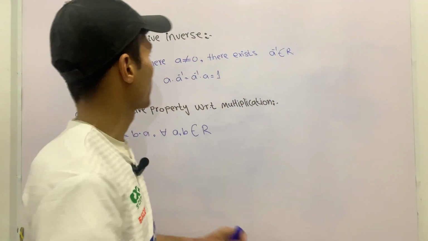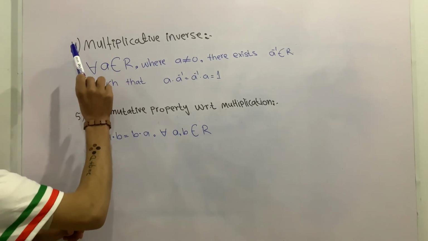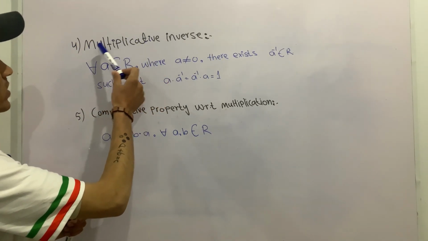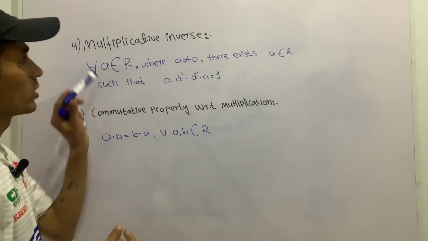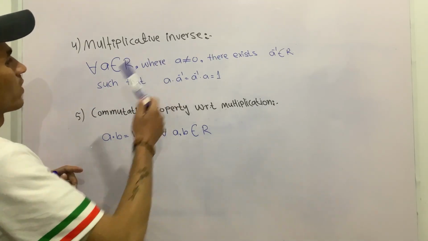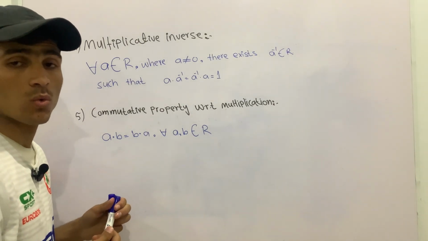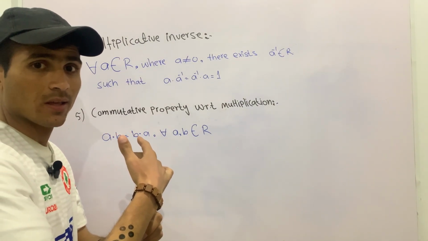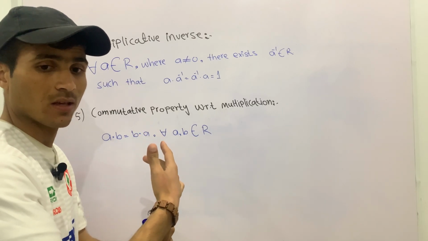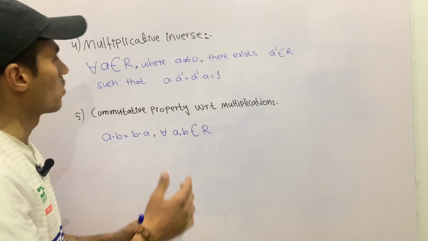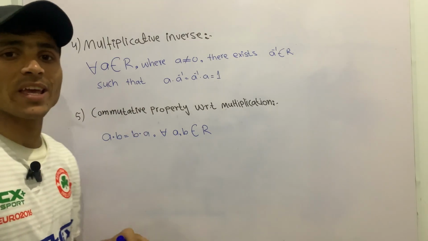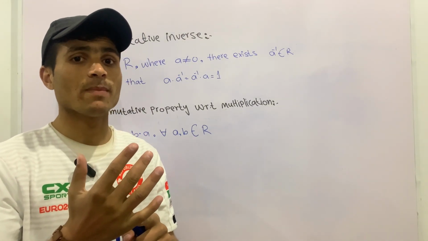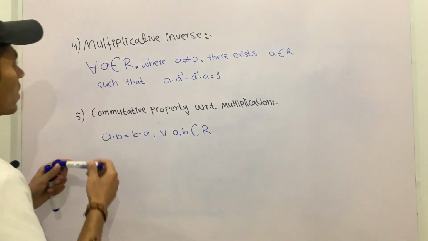So look here, the fourth property of real numbers with respect to multiplication is the multiplicative inverse. The additive inverse was to add any number with A such that A plus that number equals 0. But here, we multiply any number with A such that A multiplied by that number equals 1.